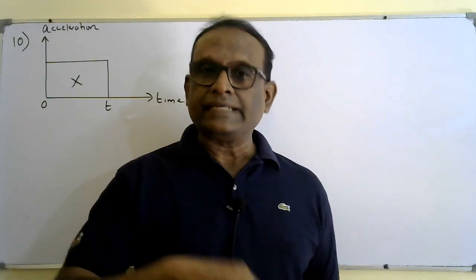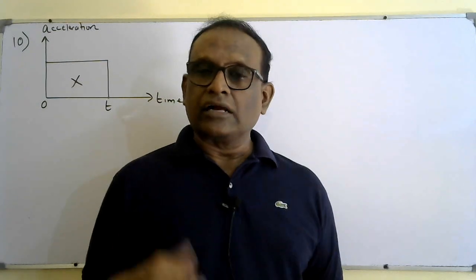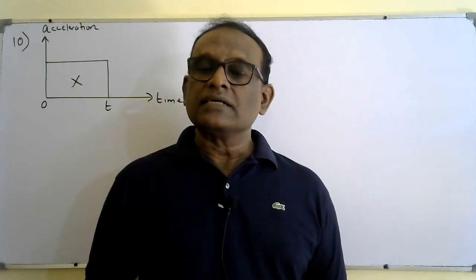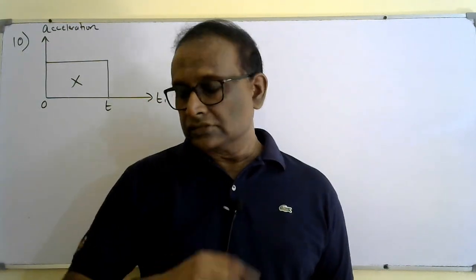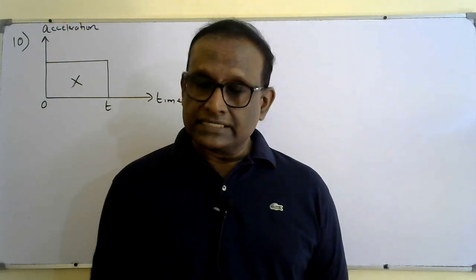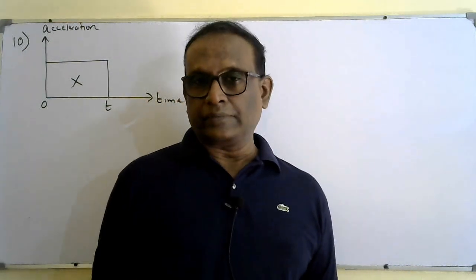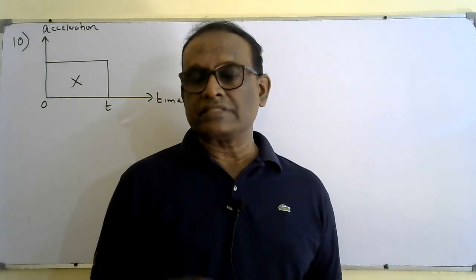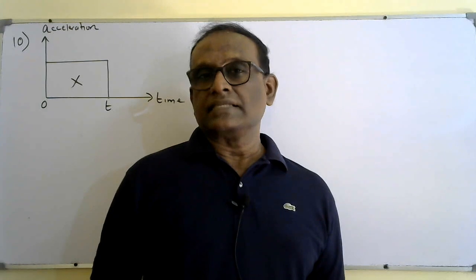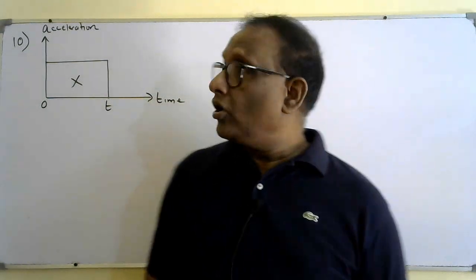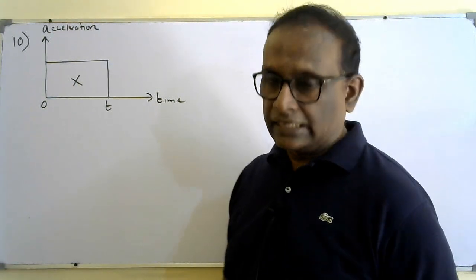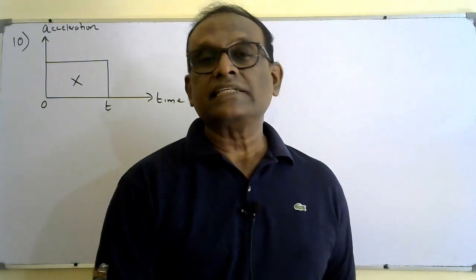For a speed time graph, the gradient gives the acceleration and the area covered with the time axis gives the distance moved. Same way for a velocity time graph, the gradient gives the acceleration and the area gives the displacement. For an acceleration time graph, the area covered by the graph gives the change in velocity.